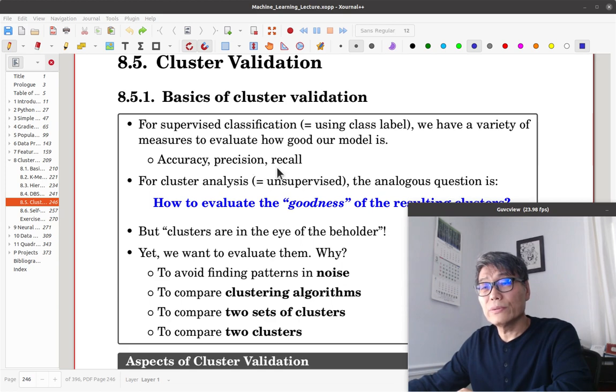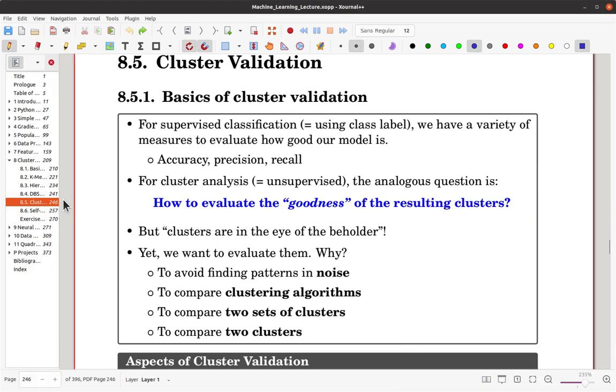For these two, we haven't defined them yet. We'll define them soon. For cluster analysis, the other question is how to evaluate the goodness of the resulting clusters.